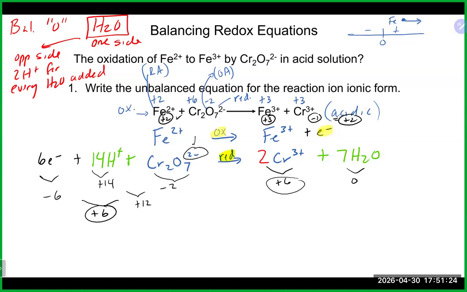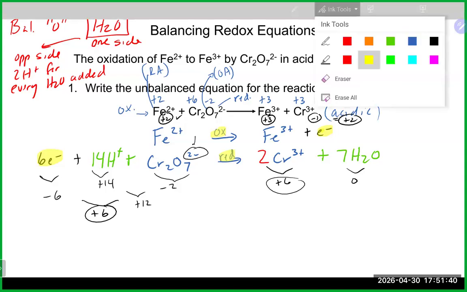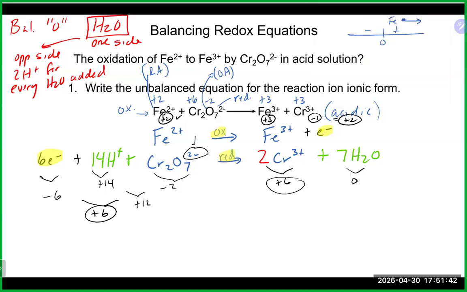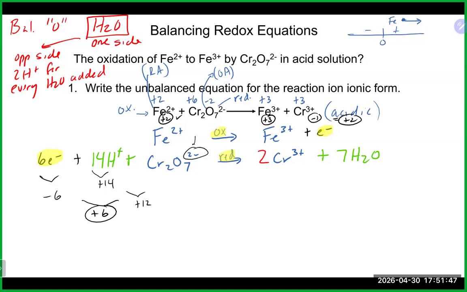In our reduction half reaction, they should end up on the left-hand side, which they did as well. They should never end up on the same side because then you screwed up. So they should always end up on opposite sides. So at this point, we're really ready to just add these reactions back together. I'm going to erase some of this little addition stuff here just to get some room.